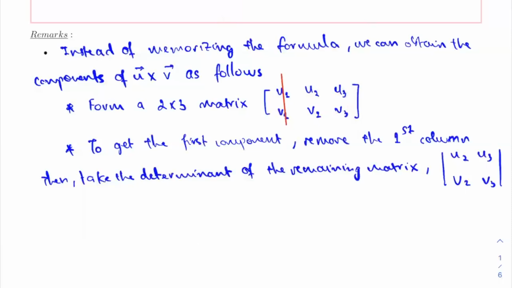To get the second component, you remove the second column, and you take the negative of the determinant of the remaining matrix, which is u1, u3, v1, v3.